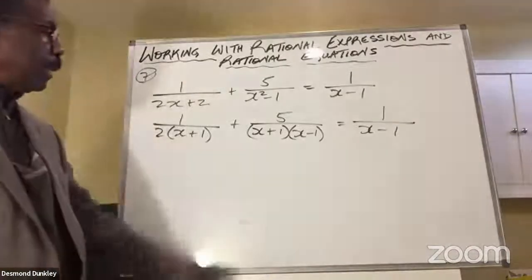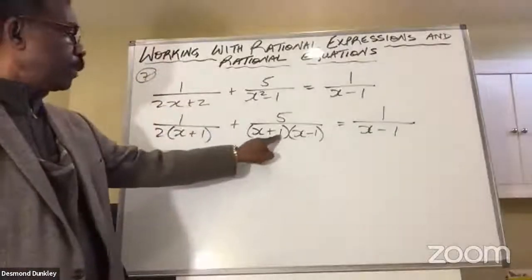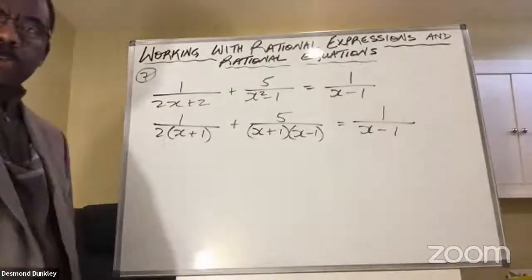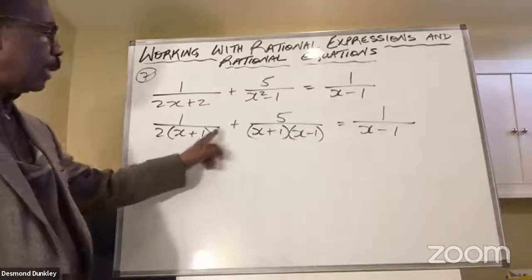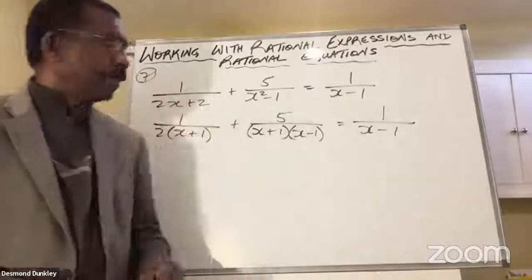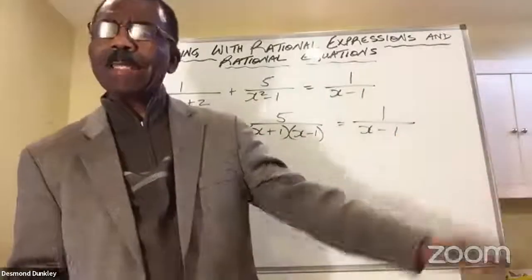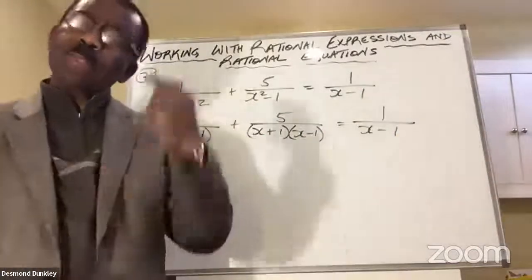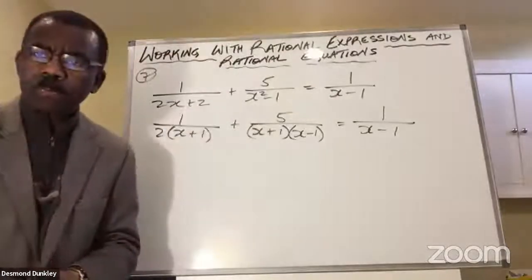My common denominator must have x minus 1, it must have x plus 1, and it must have 2. So my common denominator is 2 times x plus 1 times x minus 1. That will work perfectly.